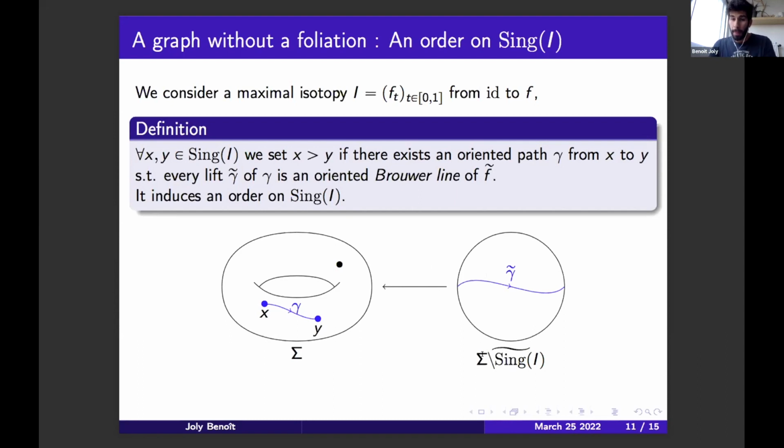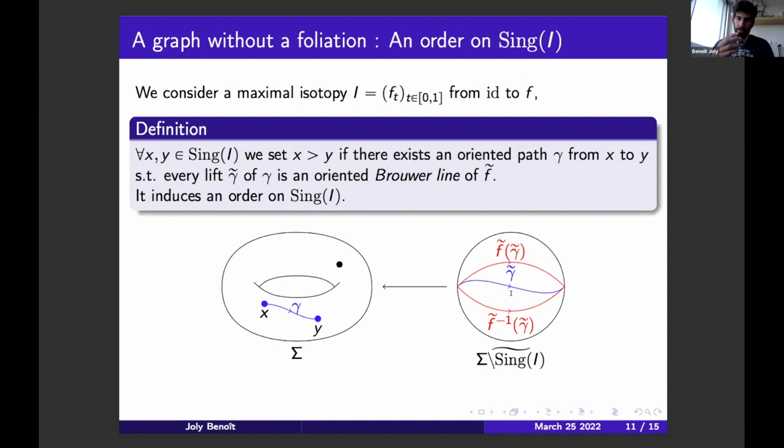It's just that the image by a lift f tilde of gamma tilde is on the left part of gamma tilde, and the preimage of gamma tilde by f tilde is on the right part of the path. So where does it come from?